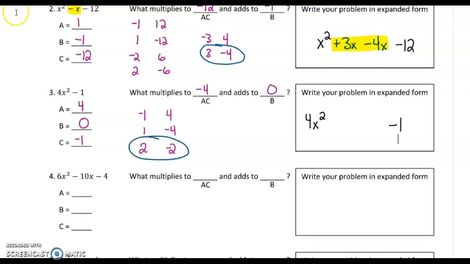Now, this one's kind of tricky. Notice there's not an x in here, so you can think of this as 0x. So we're going to expand that by having plus 2x minus 2x, which is the same as 0x. And we still want to expand it for what we're doing in the future on factoring.